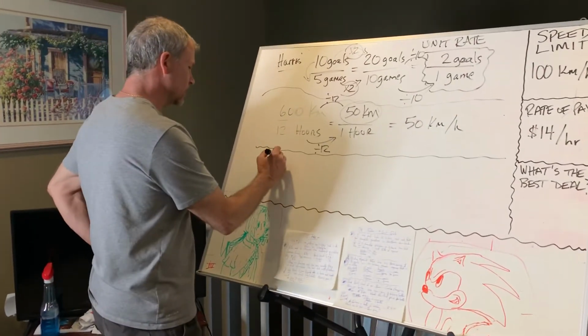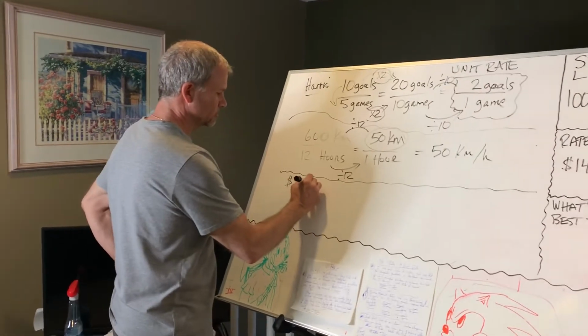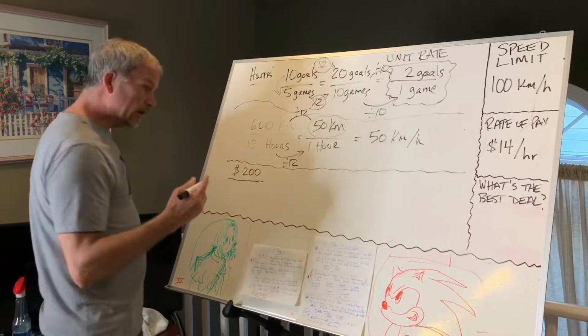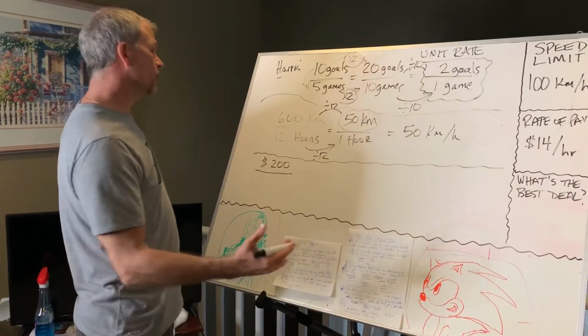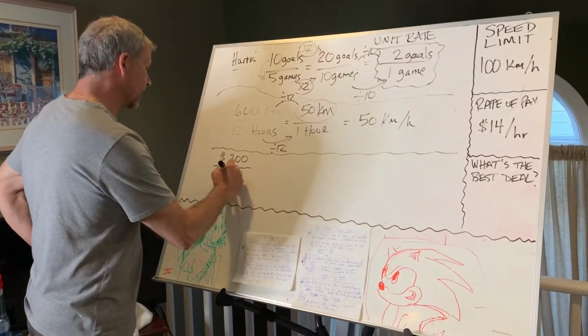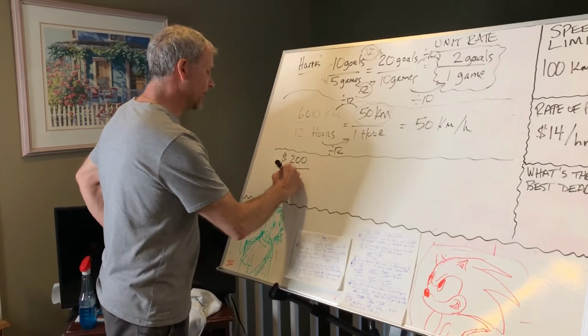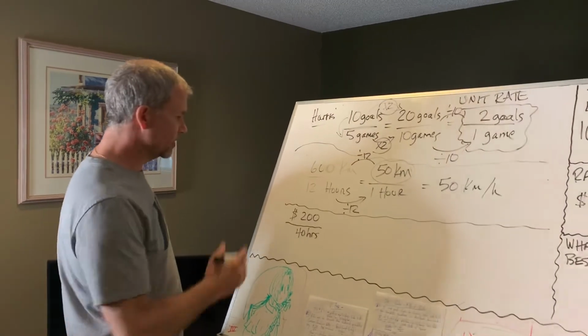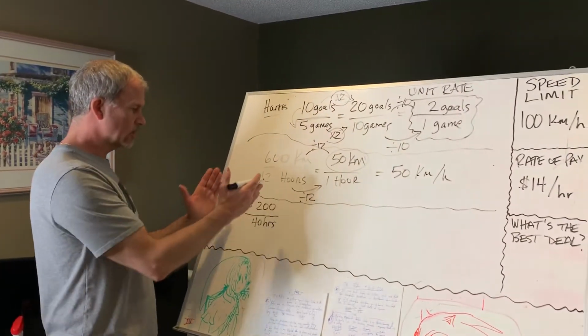But let's say you made $200, which, you know, it's not a lot of money, but it's good. But it took you, I don't know, 40 hours to do so, right? So there's a rate, right? It's dollars and hours.